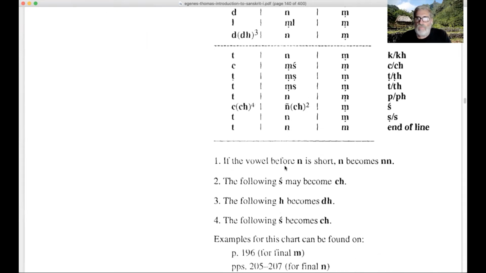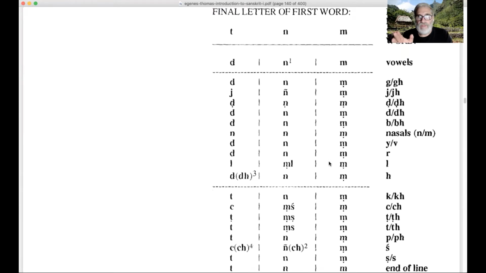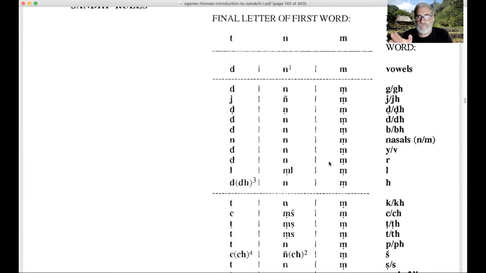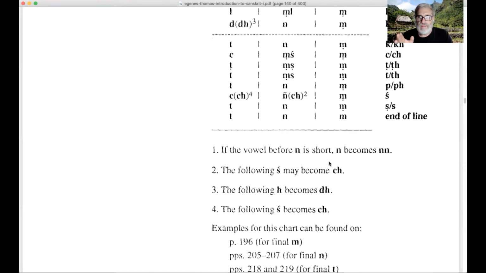If the vowel before N is short, so in the first word, if we have a short A, a short I, a short U, a short R before the N, which is the last letter, and the first letter of the next word is a vowel, then the N is doubled. The N becomes doubled.